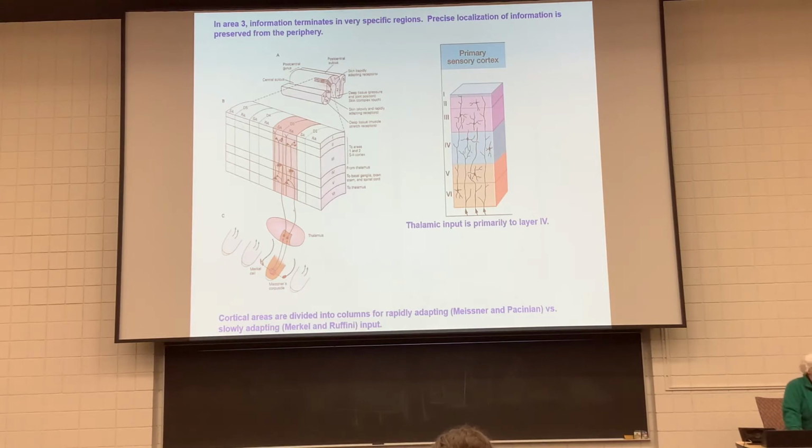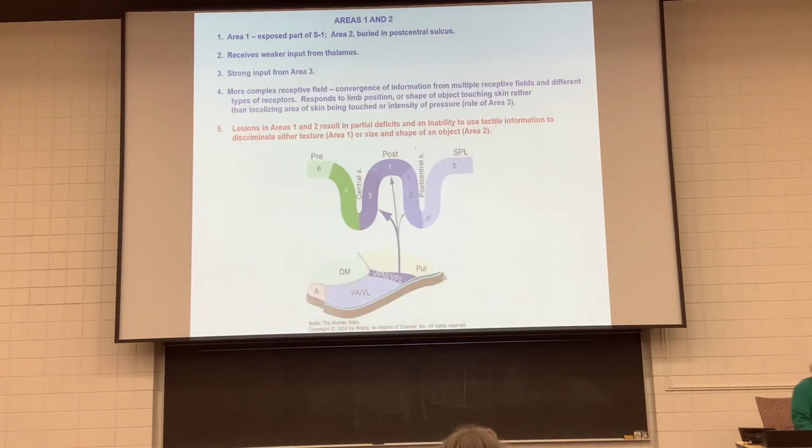And again, just to review, that input is going primarily into layer 4. Okay, so now I can feel something. I know that something is touching the tip of my finger. So why do I need area 1 and area 2?